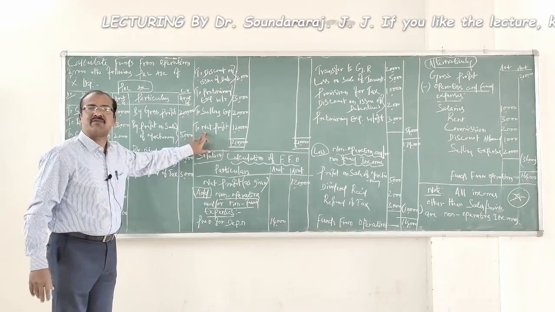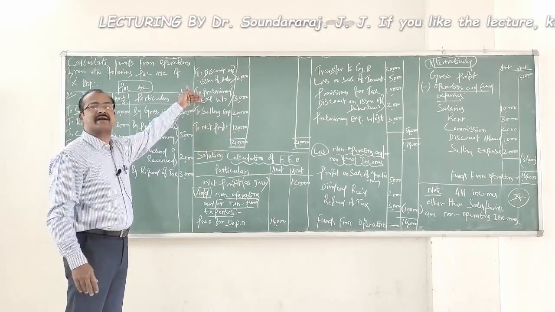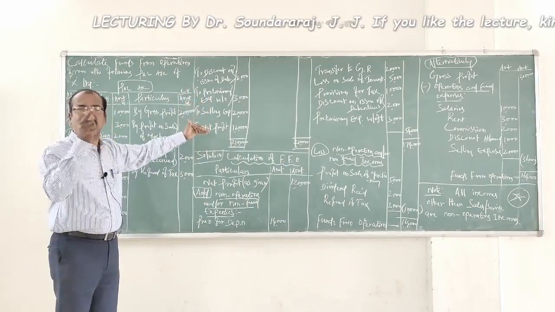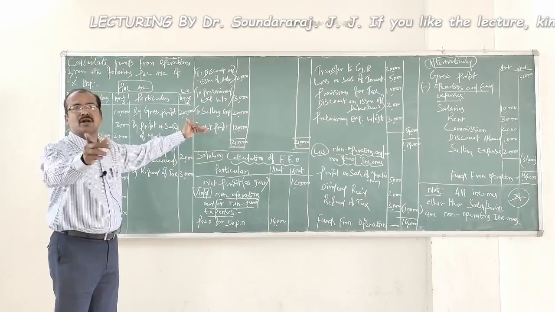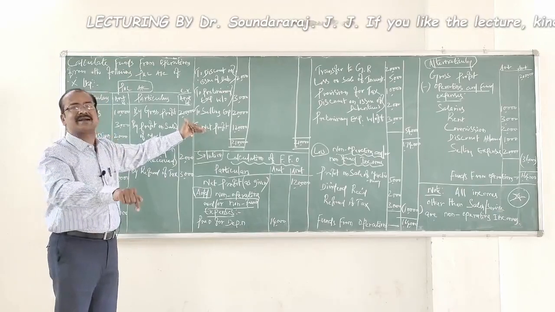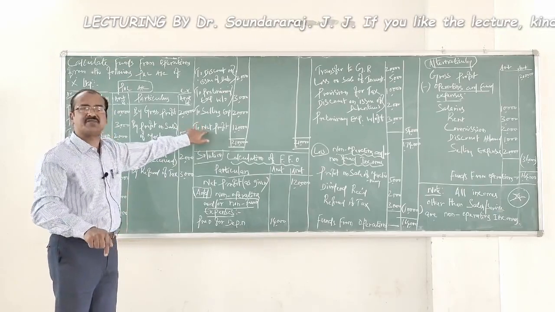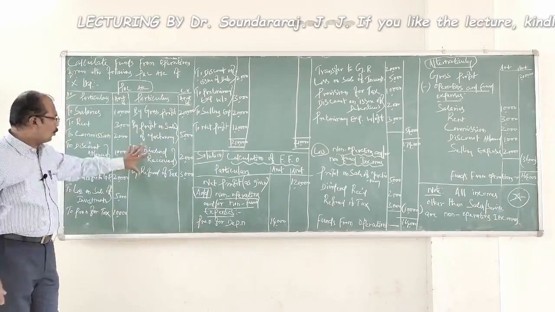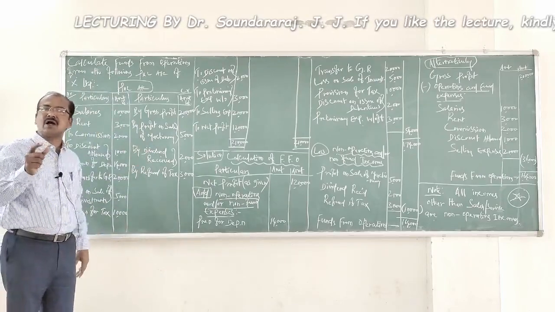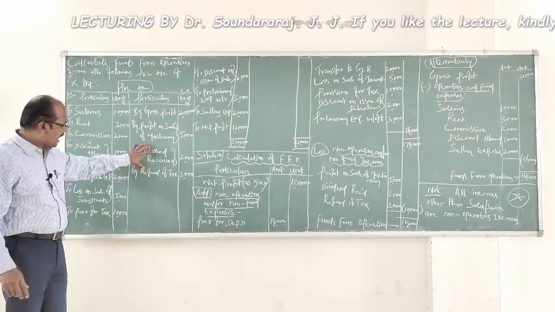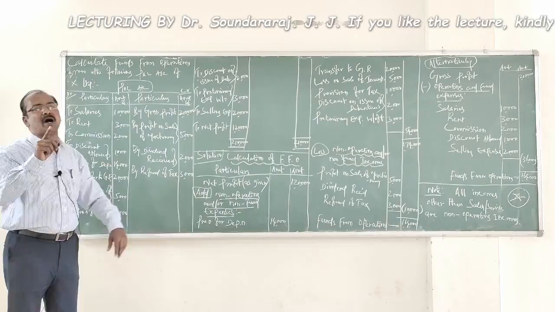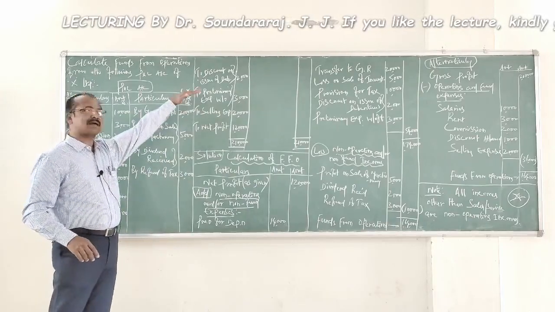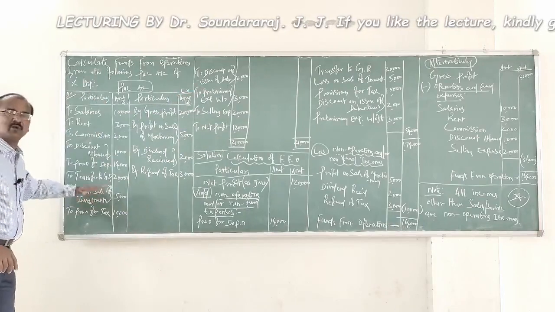So as I said, the first method of calculating funds from operation is this: you take net profit as a starting point, go back, and do the corrections. What are the corrections? Whatever non-operating and or non-fund expenses were deducted already to calculate this figure are to be added back. And similarly, whatever non-operating and non-fund incomes were added to calculate this figure are to be subtracted in order to go back to reach this middle stage.